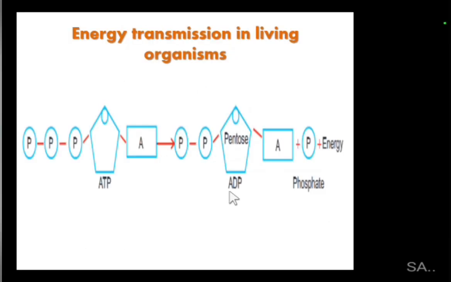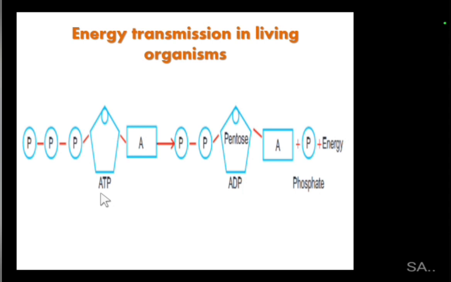You know that energy is stored in some sorts of things. For example, if you look at your cell phone, its battery is storing energy. Similarly, in your body, energy is stored in a special molecule which is ATP, adenosine triphosphate.